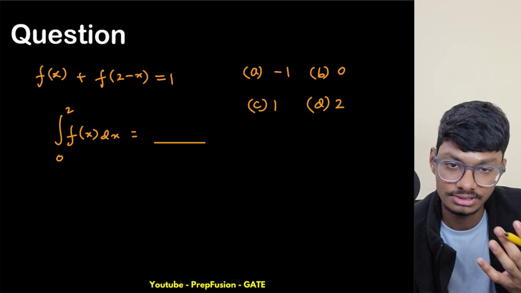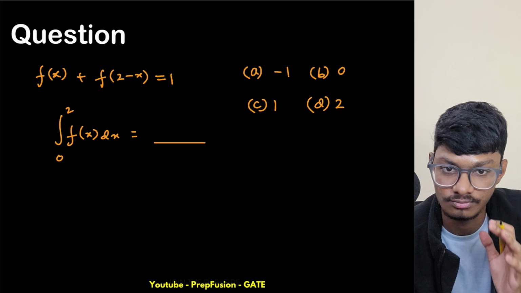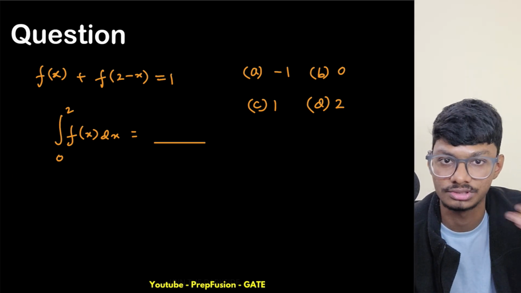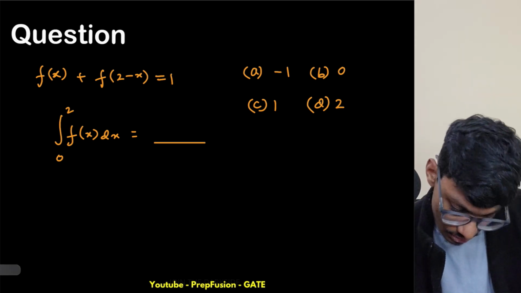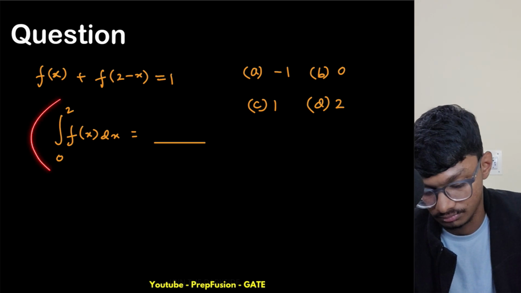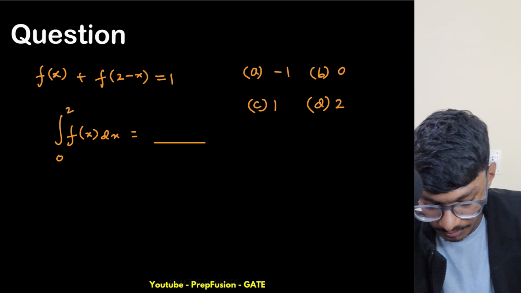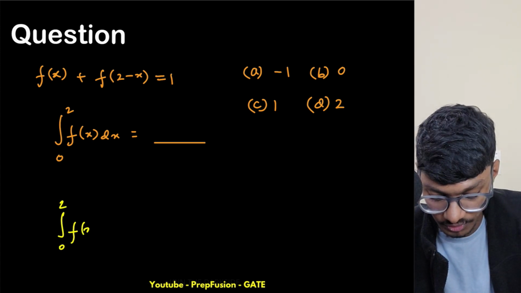Okay, now at first this may seem intimidating, but whenever you see some definite integration problem directly like this, always think about some property. So one property I remember, if two limits are given, this is the most important property which comes up.